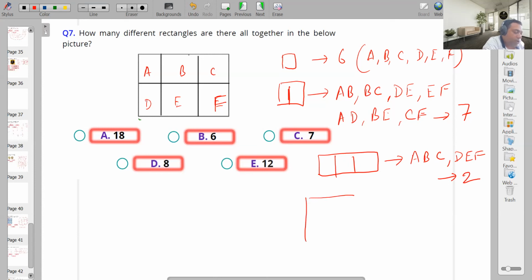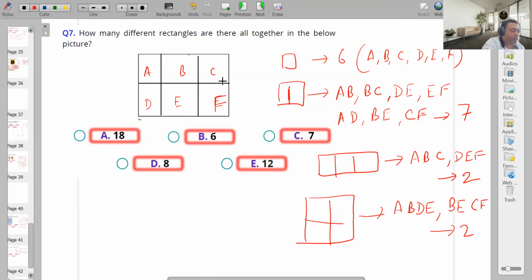If you do a 4-1 in this shape, you'll notice you have ABDE and you have BECF. All right. So that's another 2. So how many did we get already? We've already got 6 plus 7, 13. 13 plus 2 is 15, plus 2 is 17.